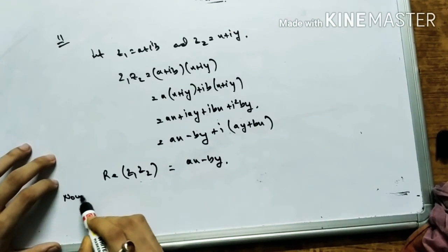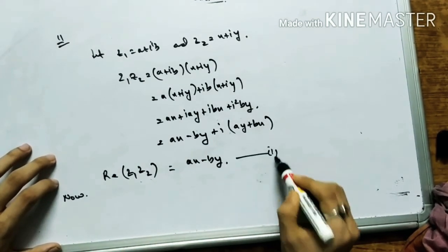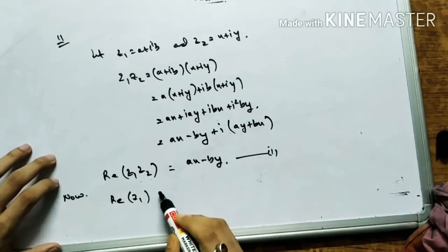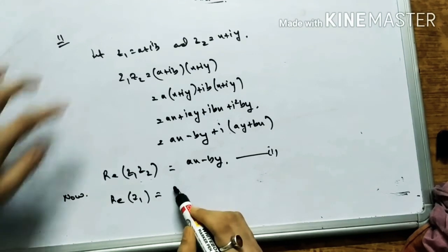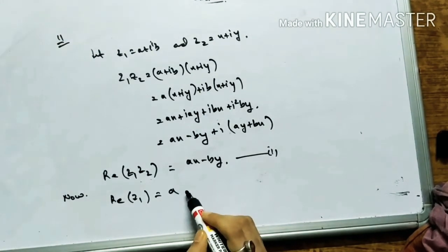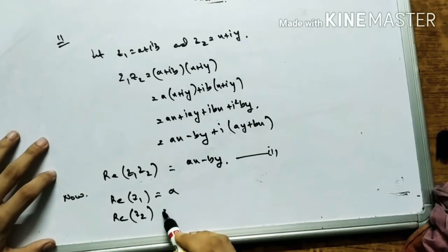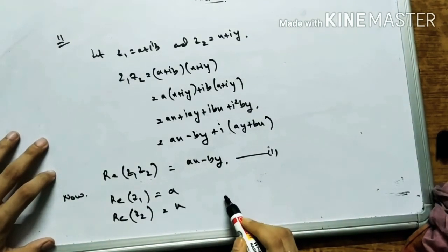Now I will take this as equation number 1. Re z1, the real part of z1, is equal to a, and Re z2 is equal to x.